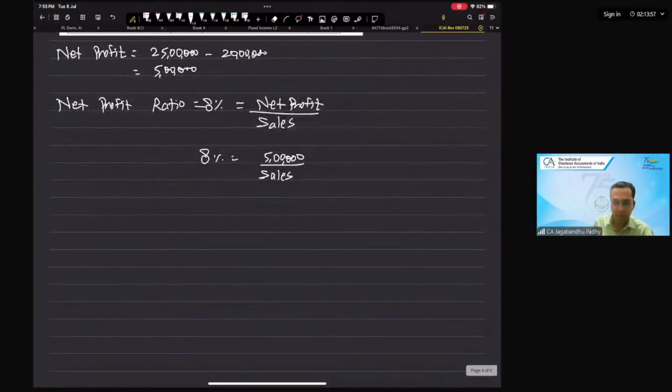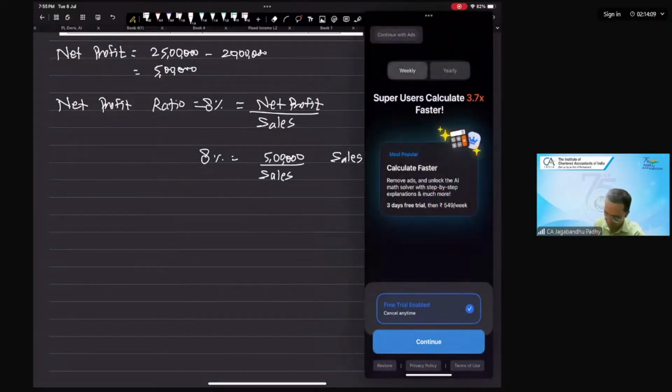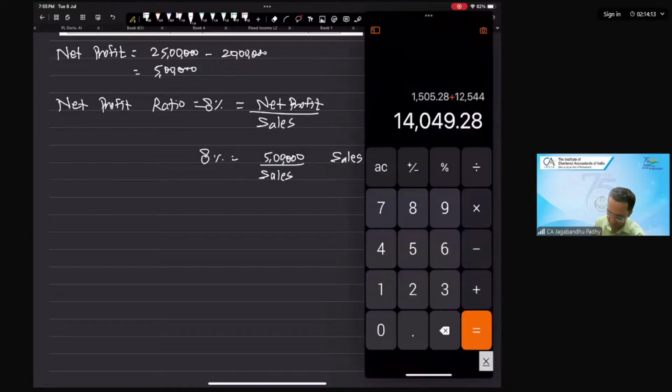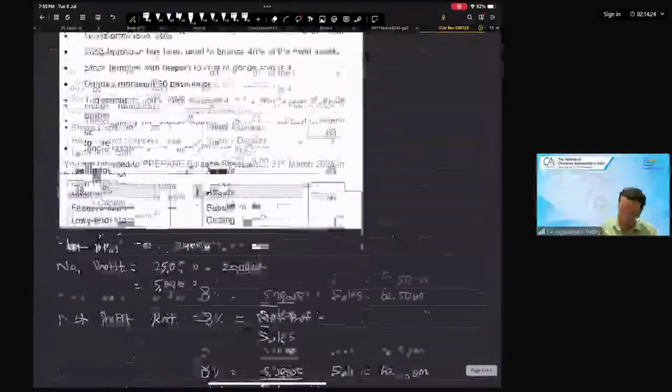We can solve it to get the value. So sales translates to 5 lakh divided by 8%. How much is it, guys? That's 62 lakh 50,000. Sales is 62 lakh 50,000.